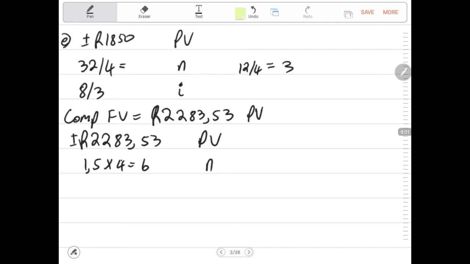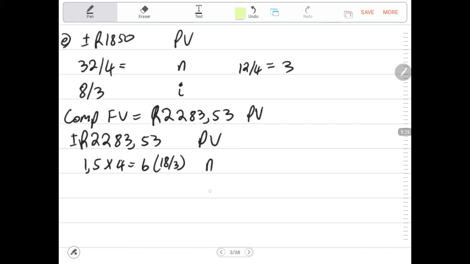Then we can say 1.5 years is 12 plus 6, which is 18 months. If we decide, we can say 18 divided by 3 because a quarter has 3 months. So 18 months divided by 3, we still get 6. It doesn't matter which one you choose; at the end of the day, your N has to be 6.